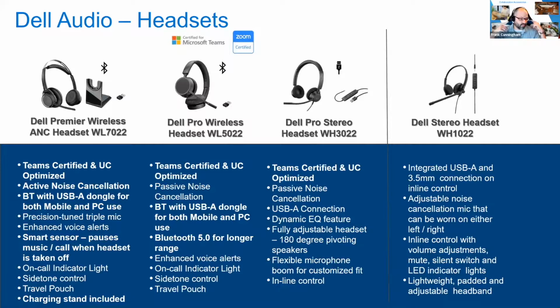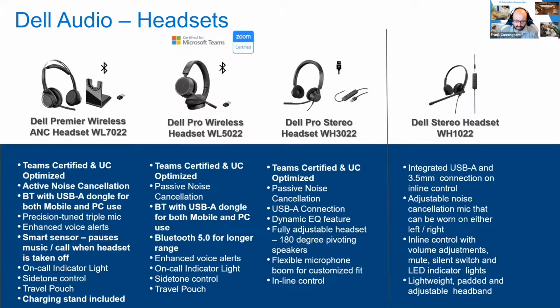It is the product I am wearing right now. Dual mode connectivity, so it connects with both a USB-A dongle to your PC or dock, as well as Bluetooth. So I have mine paired to both my phone and to my PC right now, and I can answer calls on both. There are also all the expected indicator lights to indicate whether you're muted or unmuted, et cetera. It does include a travel pouch.